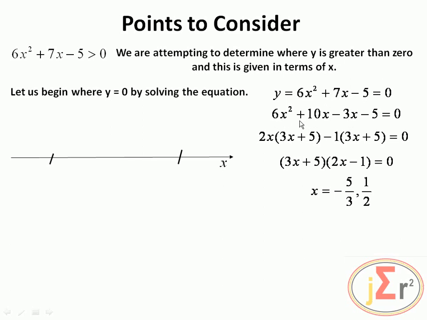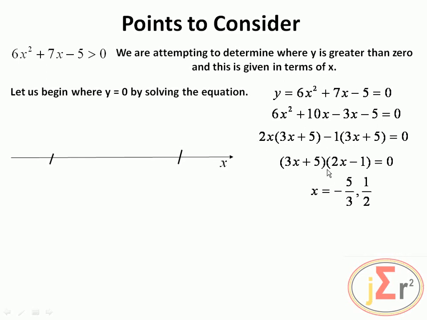Now we factorize 2 by 2 as usual, taking 2x as a common factor. Here we do not have any blatant common factor, so we take a -1 as our common factor. Of course, in the end we'll have to say negative into negative is positive. Of course, the common factor is 3x plus 5 that we have in both these brackets, and the remaining factor will be 2x minus 1.